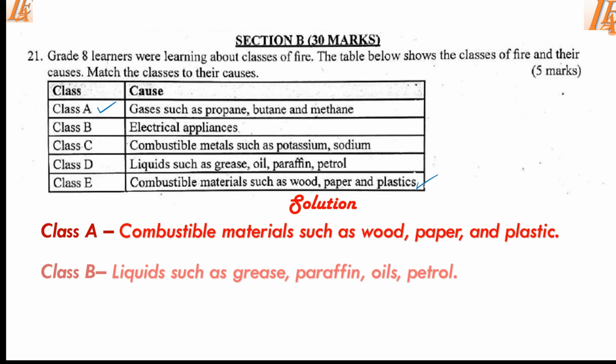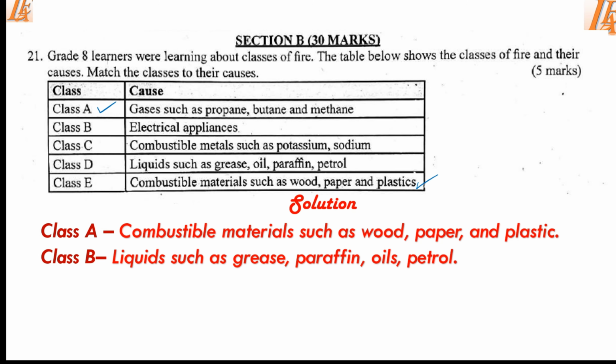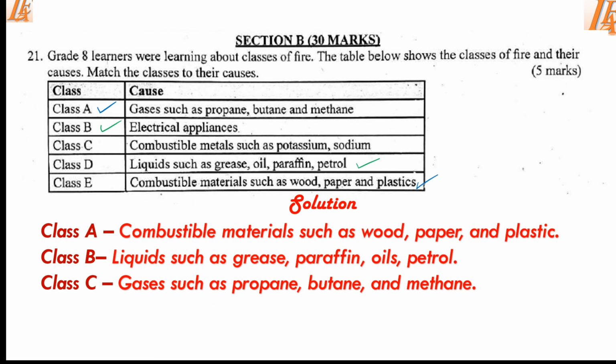Then class B fire is caused by liquids such as grease, paraffin, and oil. So class B, let's mark it with the green, is caused by liquids such as grease, oil, and petrol. Then class C fires are caused by gases such as propane, butane, and methane.